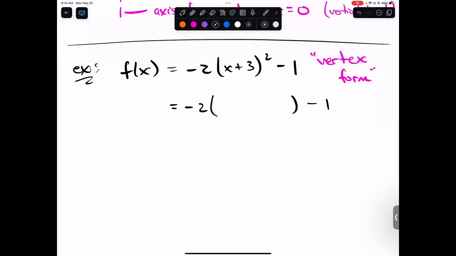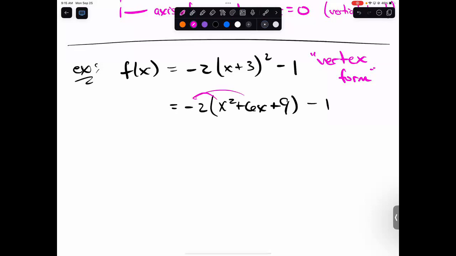FOIL or distribute everything, however you want to say that. And then combine like terms. Okay, so that's x squared plus 6x plus 9.